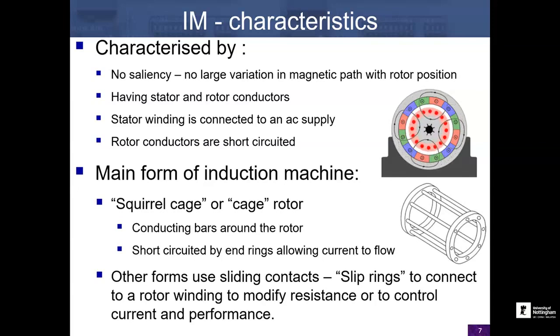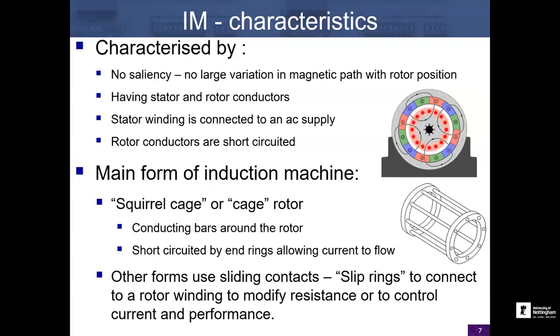If it has a change in magnetic flux, it has dφ/dt, and by Faraday's law and Lenz's law, it should have an induced current, and that current's going to produce a force which is trying to synchronize its speed with that field. It's ultimately trying to minimize that change. So we induce that EMF, that can cause a current to flow in these short-circuited cage bars, and those currents give us a force trying to synchronize the speed of the rotor to the speed of the stator.